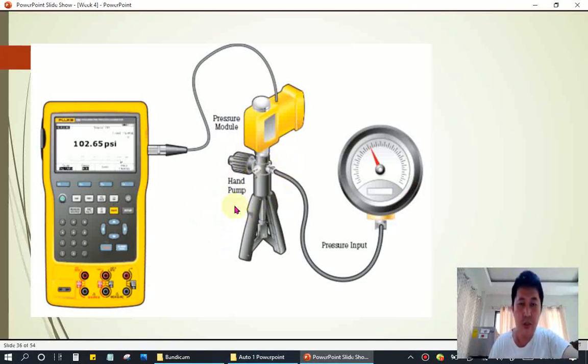So we use this analog on board. We connect the pressure here, and when we pump, we can read the pressure. This hand pump is calibrated.